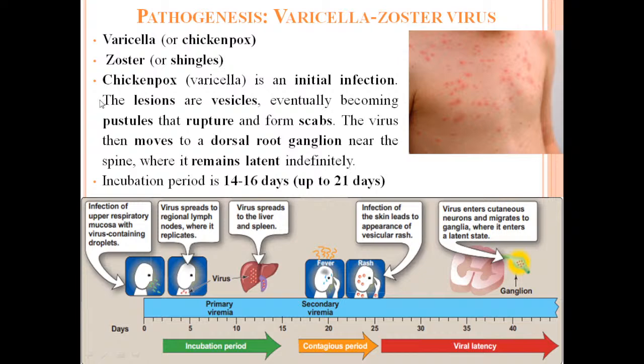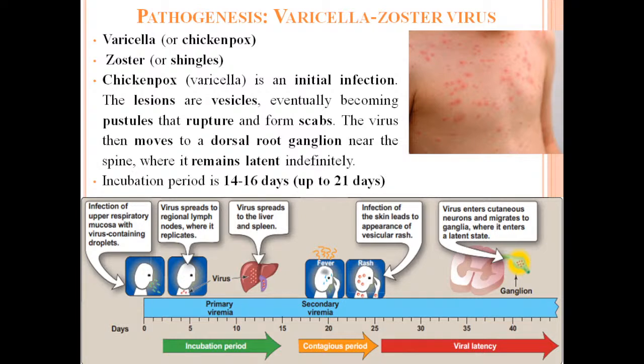What about chickenpox? Chickenpox or varicella is an initial or primary infection. The lesions are vesicles, eventually becoming pustules, rupturing and forming crusts. The virus then moves to a dorsal root ganglion near the spine, where it remains latent indefinitely.